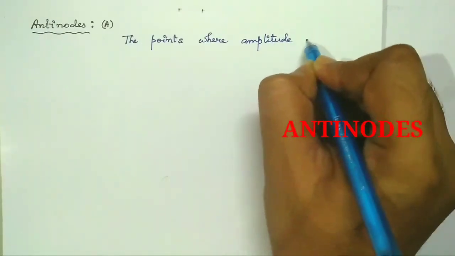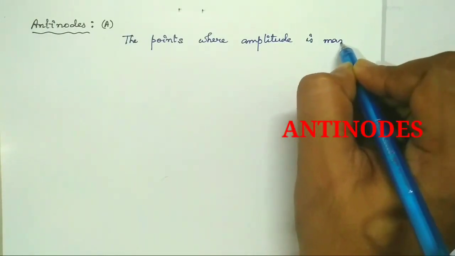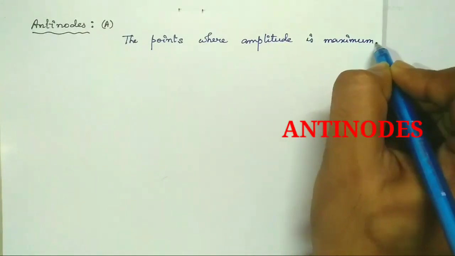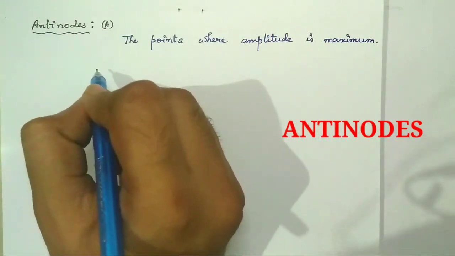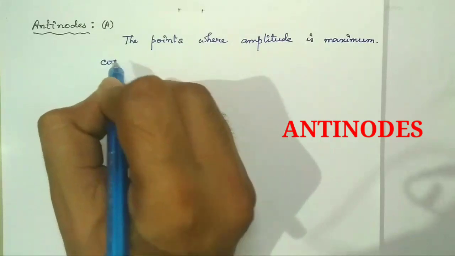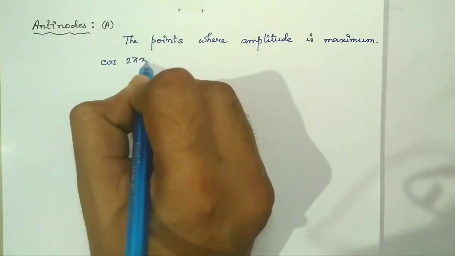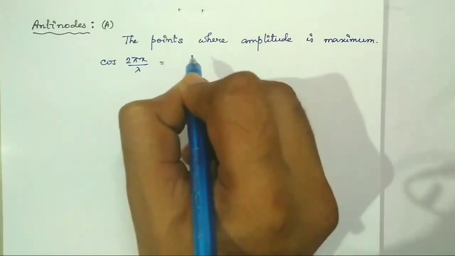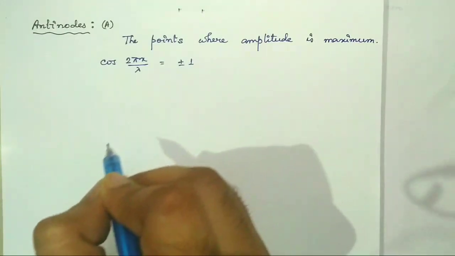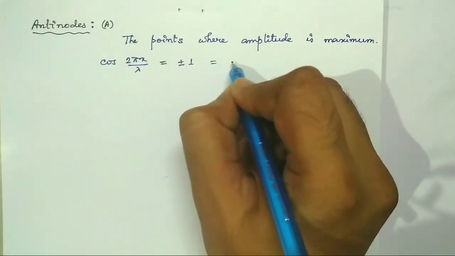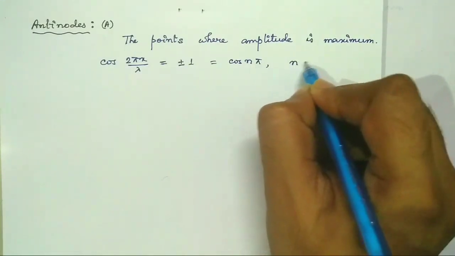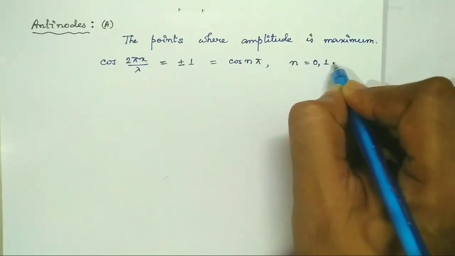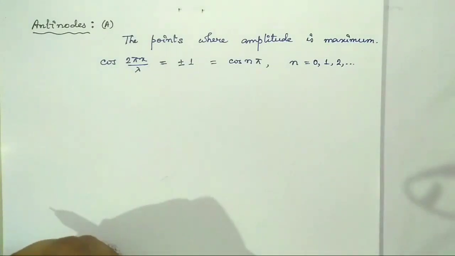Now for the amplitude to be maximum, we have to write cos 2 pi x by lambda equal to plus or minus 1 in general, which is given by cos n pi. Again, the value of n equal to 0, 1, 2 and so on.